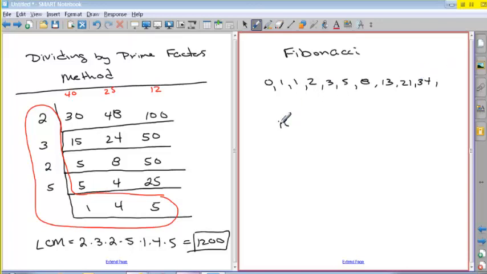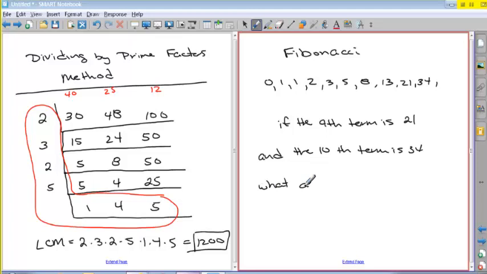So I might say, if the ninth term is 21 and the 10th term is 34, what are the 11th and 12th terms?